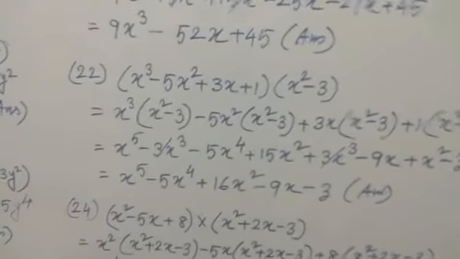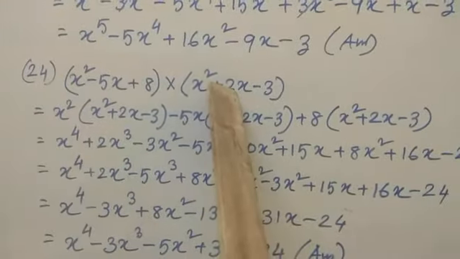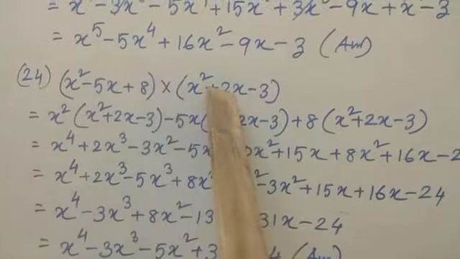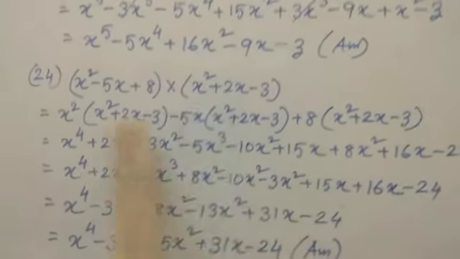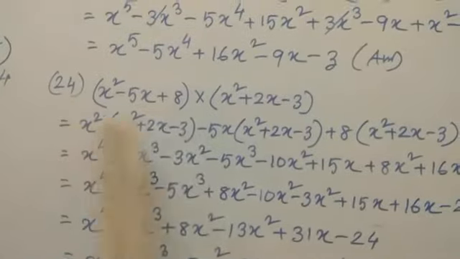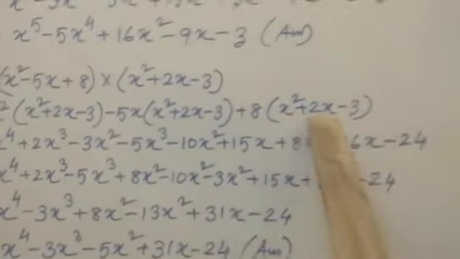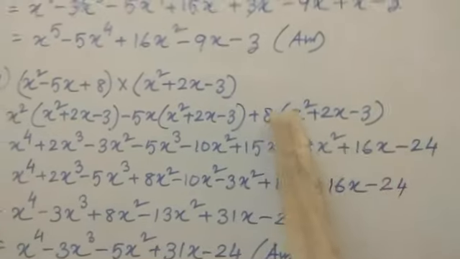Next, question number 24. Multiply this trinomial and trinomial. So in the same process, x² into this factor, minus 5x into this factor, plus 8 into this factor. This is the second line. Now multiply these 3 terms by x², these 3 terms by minus 5x, and multiply these 3 terms by plus 8.